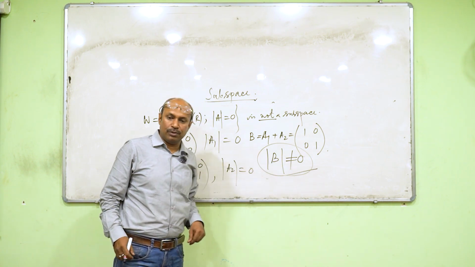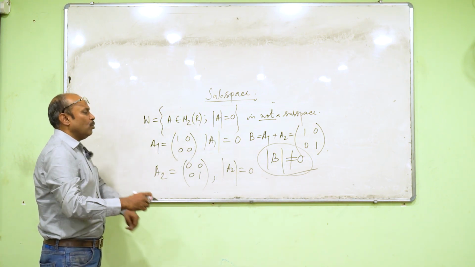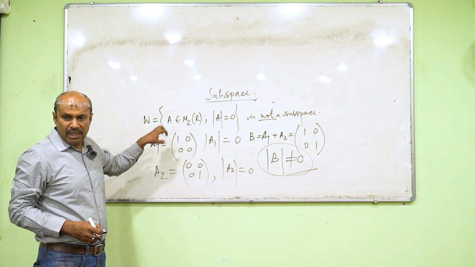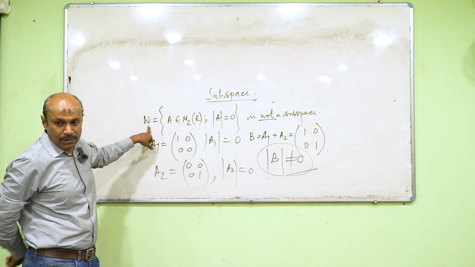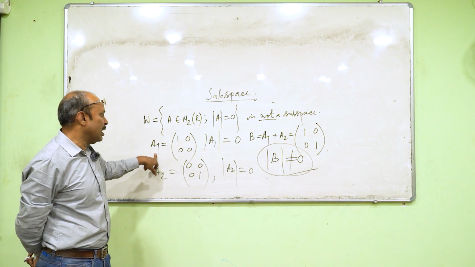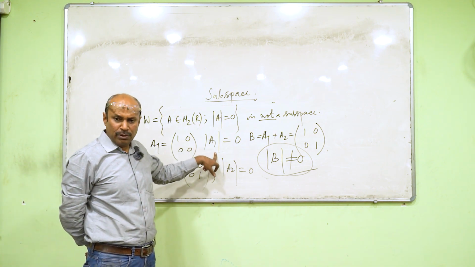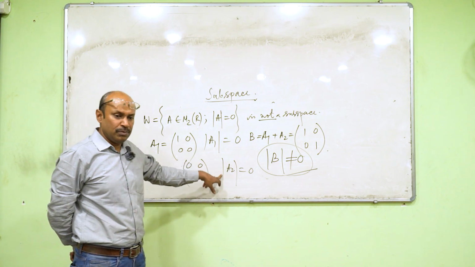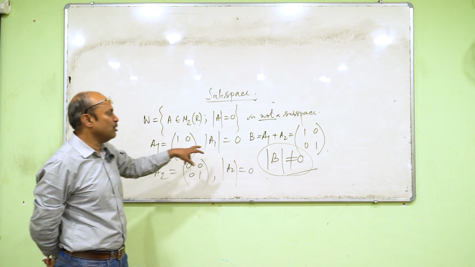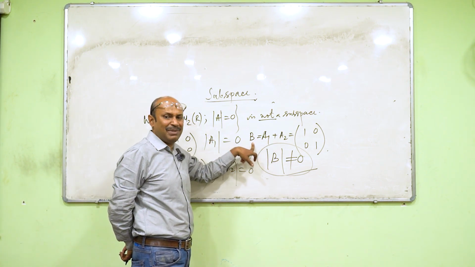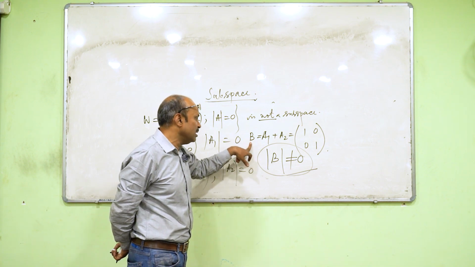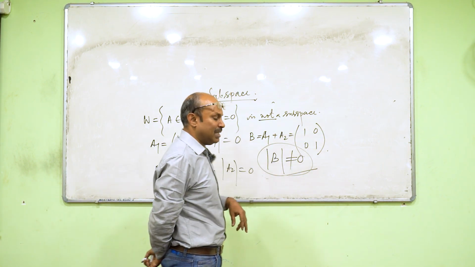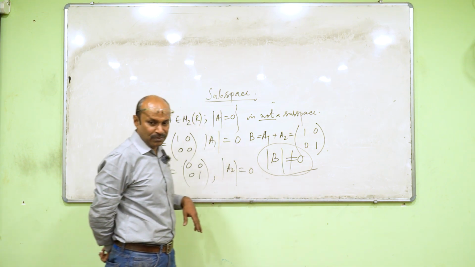Here also we take two elements from capital W. One element, A1, whose determinant equals 0, and another element whose determinant is also 0. If we add these two, we get another matrix B of the same order, that is 1 0 0 1, a unit matrix whose determinant is not equal to 0.